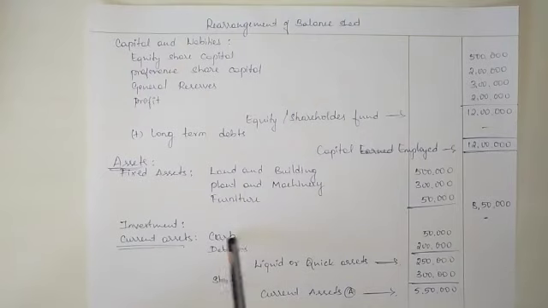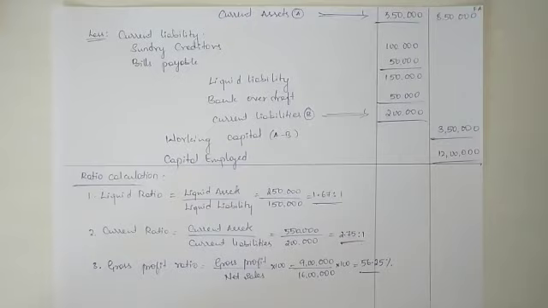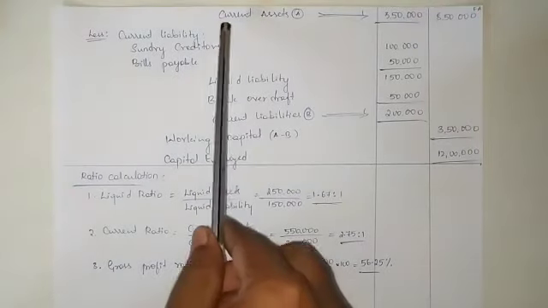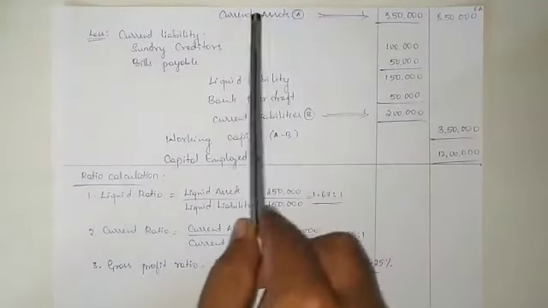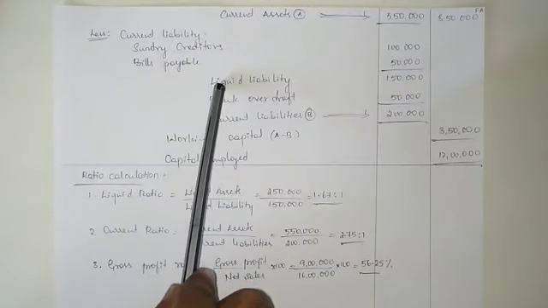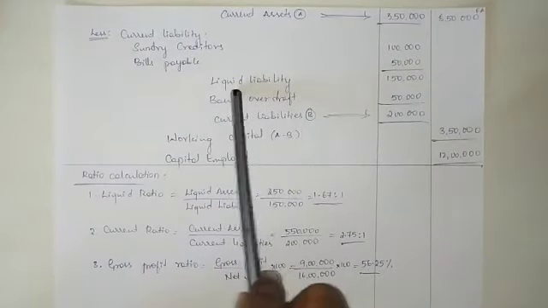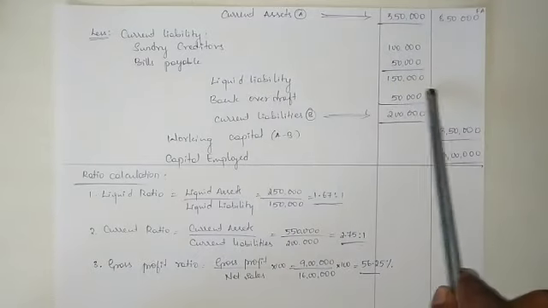Okay, so cash and debtors is 50,000 plus 2 lakh. Liquid asset is going to be 2,50,000. To that stock of 3 lakh is added. Current asset is going to be 5,50,000. This is current asset, this is quick asset. From this current asset we need to reduce the current liabilities, that is sundry creditors and bills payable, 1,50,000. So total liquid liability is going to be 1,50,000.